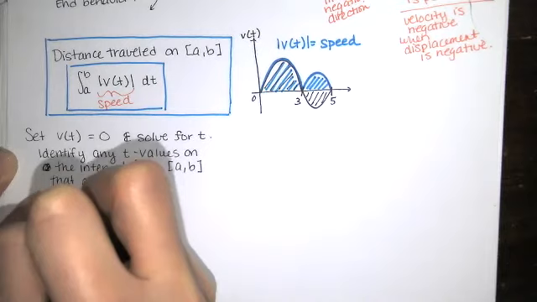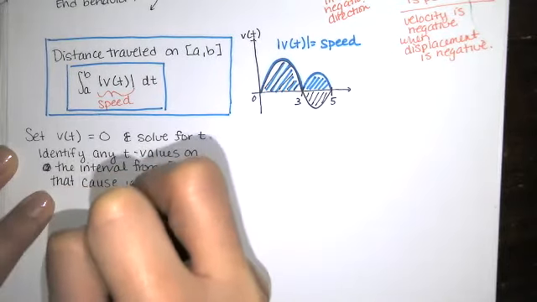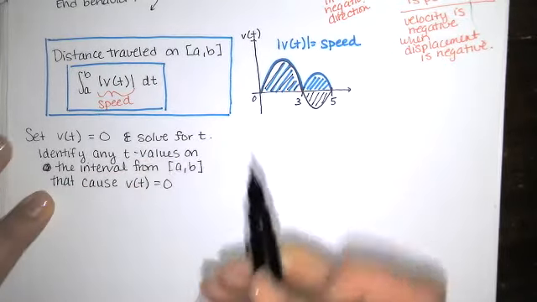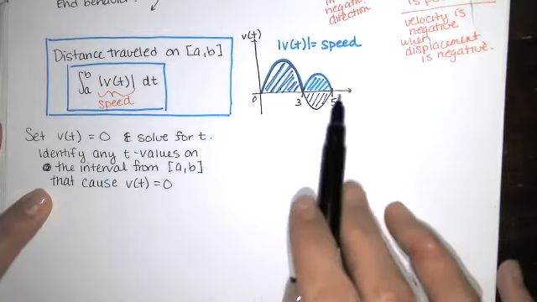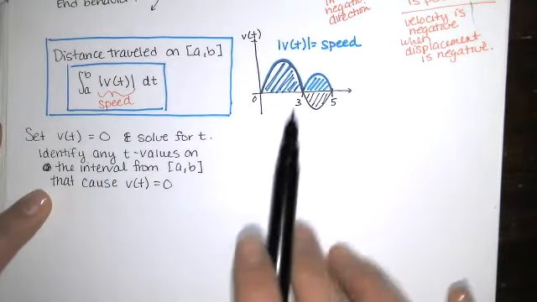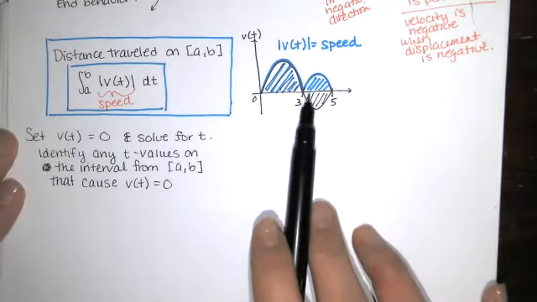So we're finding out where our velocity function is 0. So we had 0, 3, and 5, and 0 and 5 are where we were starting. So it's really just t equals 3.